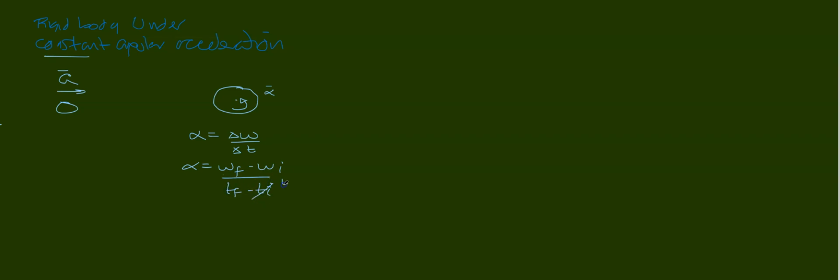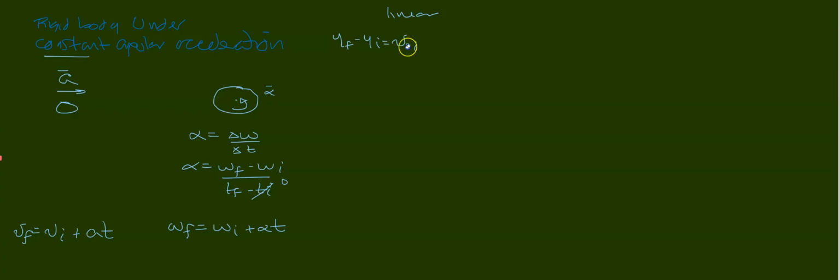If the initial time is 0, then you see the final velocity is the initial velocity plus acceleration times time, which of course is the angular equivalent to this equation that we studied in the past.